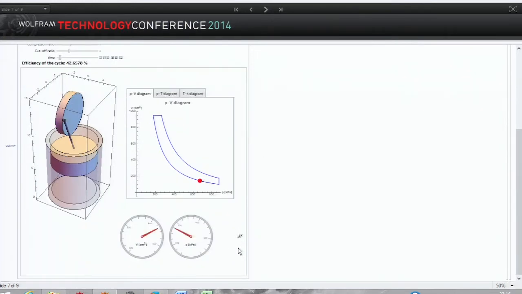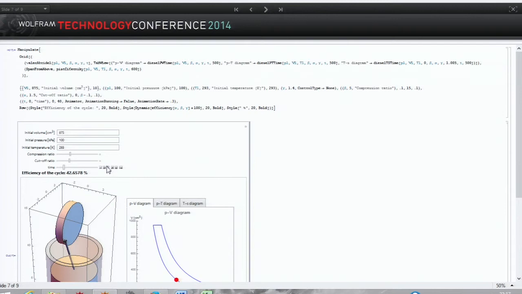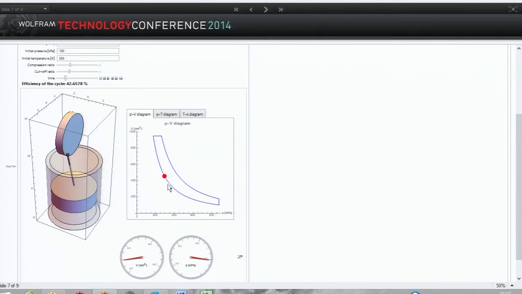Unfortunately, it seems that the temperature gauge isn't working properly. So the student can watch how the temperature in the phase where the compression occurs changes depending on the compression ratio and the cutoff ratio.